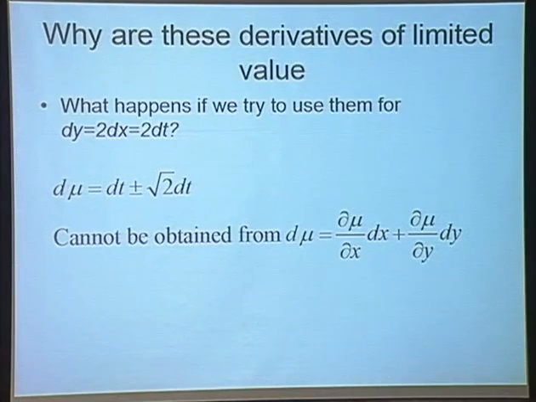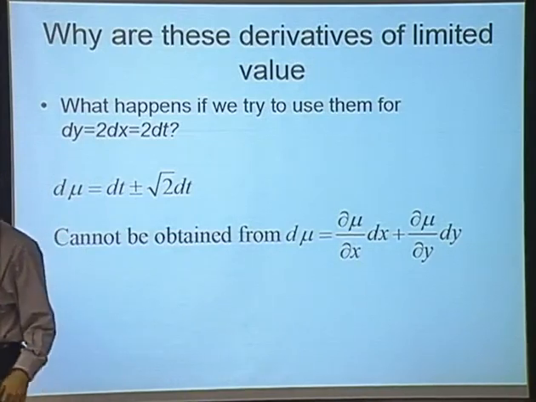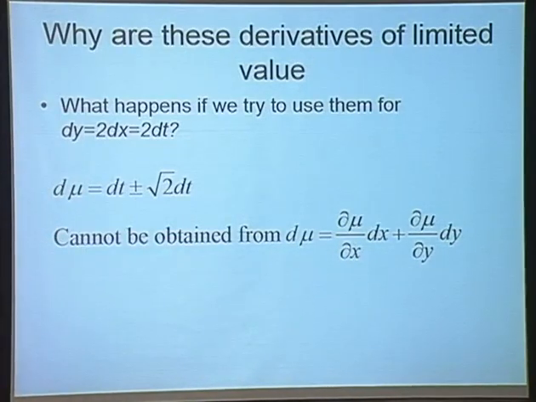Does anybody know what is the mathematical term for a function for which you can calculate derivatives in any direction, but where you cannot use this type of equation to calculate the derivative in an arbitrary direction?